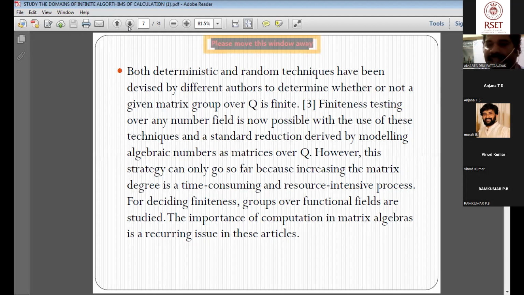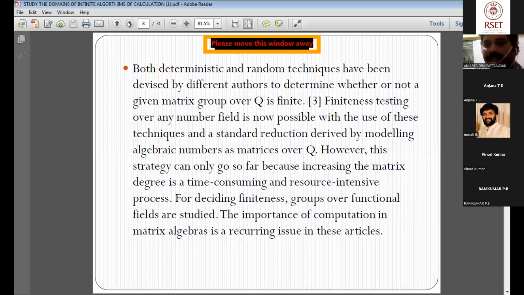Deciding finiteness of groups over function fields is also studied. The importance of computation in matrix algebra is a recurring issue in these articles. Both deterministic and random techniques have been devised by different authors.